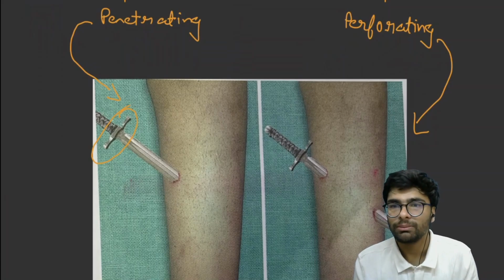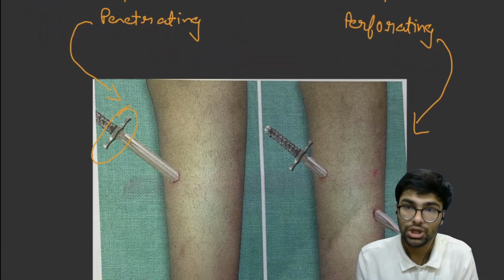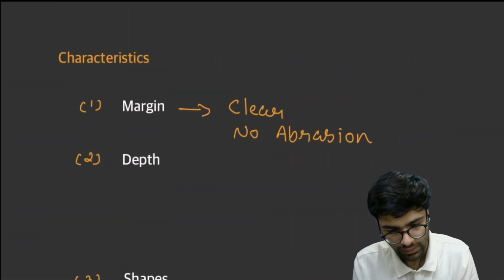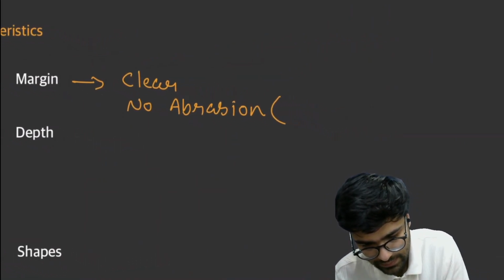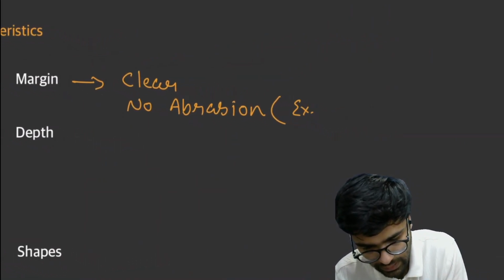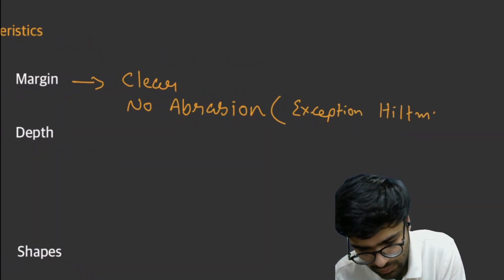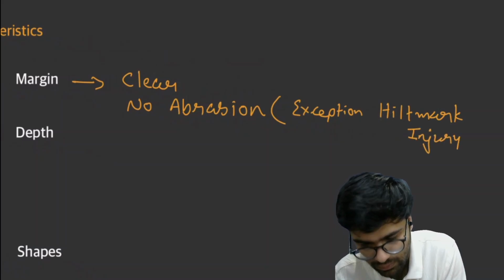And because of this hilt mark, there are chances that there can be abrasion. So no abrasion. Exception is hilt mark injury.